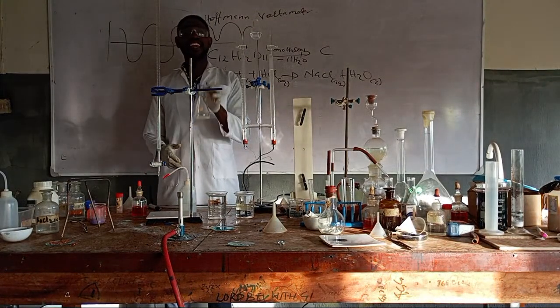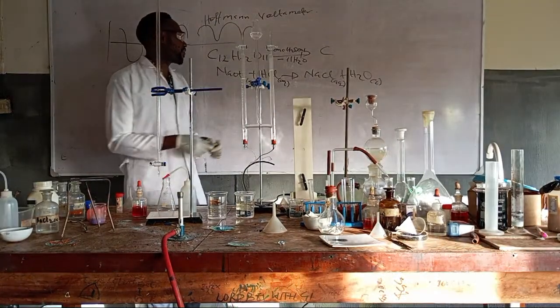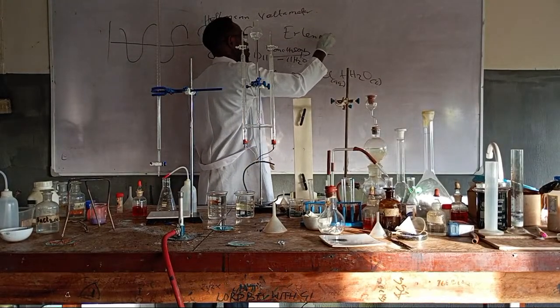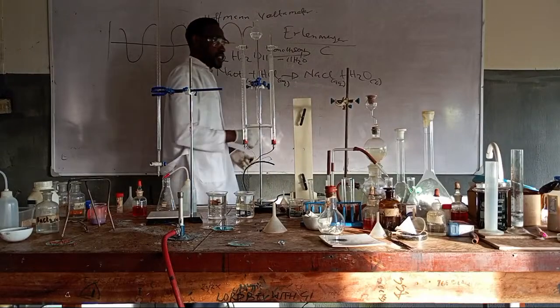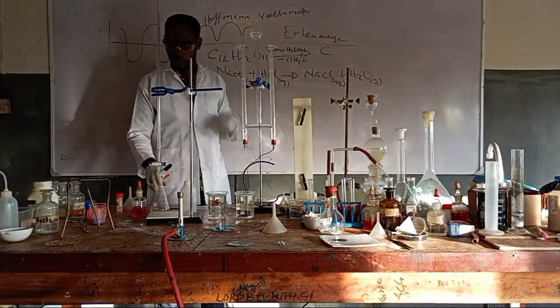Or you call it an Erlenmeyer flask. Don't say I'm calling it conical. If you go look at it, Erlenmeyer was the first to produce this type of apparatus. So Erlenmeyer flask or conical flask.